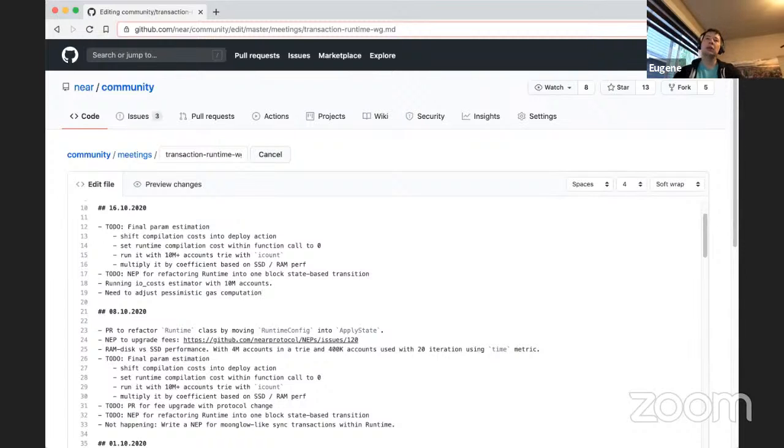Now, if we switch to much cheaper function calls, which is about, I think, 20 times cheaper than right now, it means the dApps can be 20 times larger, but data receipts are even cheaper.